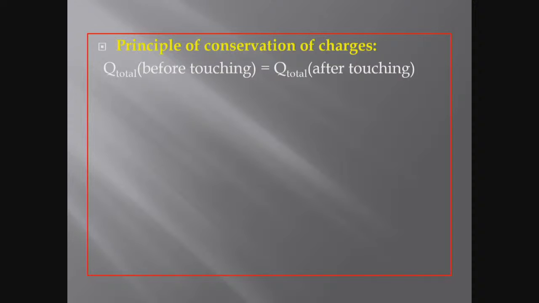Now, how do you apply it in a calculation? If you have, for example, 3 spheres, before touching, you can get the total of the charge of the 3 spheres by adding, say for instance, 3 coulomb plus minus 1 coulomb plus 4 coulomb.